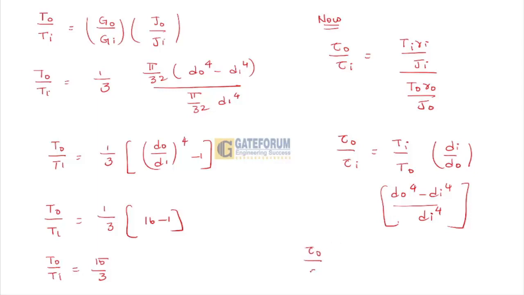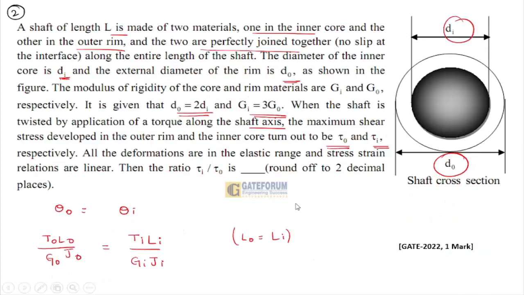Substituting, tau naught by tau i is equal to 3 by 15 into 1 by 2 into 16 minus 1. You are going to get around 1.5. Tau naught by tau i is 1.5. This will be the right answer for the given question. Moving to the next question.